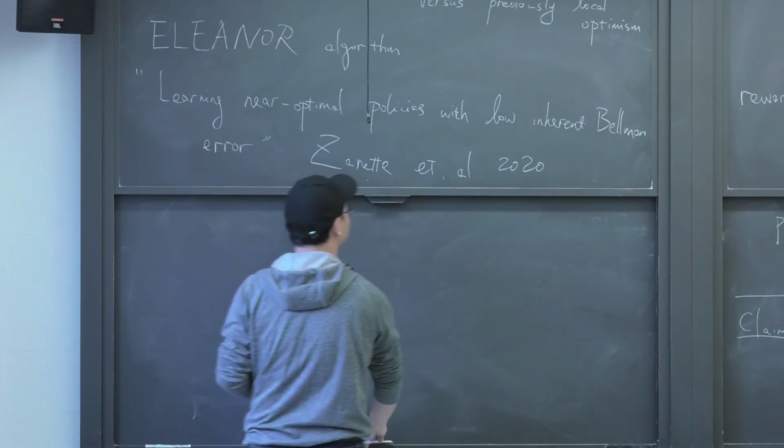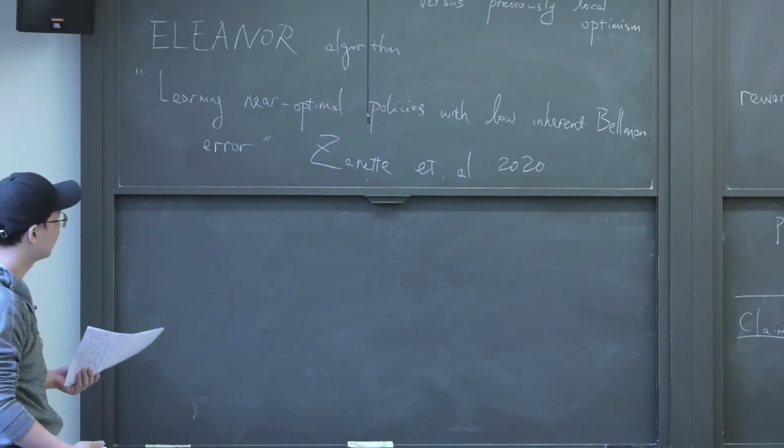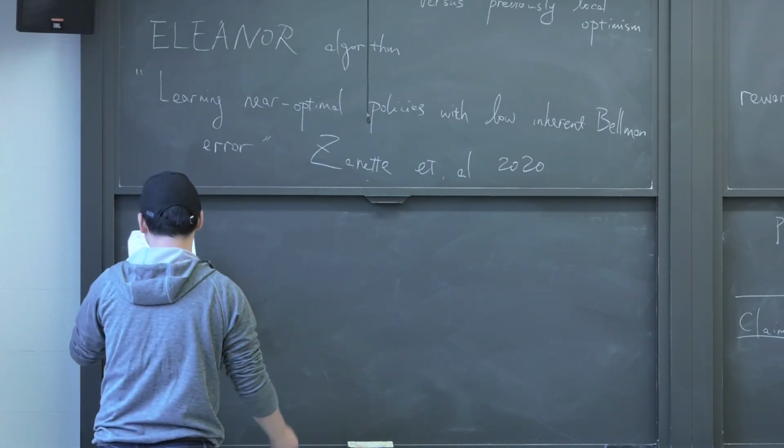I cite the paper here because we won't be able to talk about the proof. If you're interested in checking out how it works, feel free to refer to this paper.